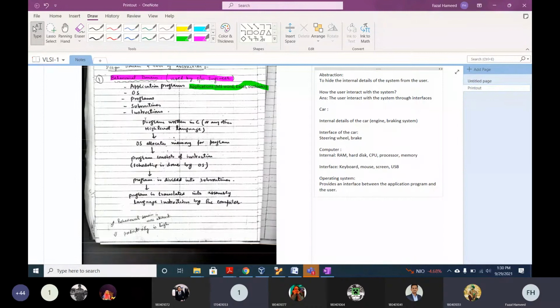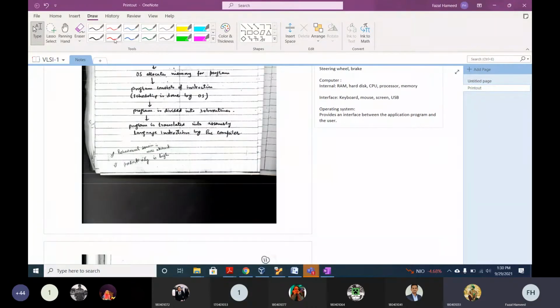Now, who translates the program? Let's assume you have a program, and I'm drawing a blank box. Let's assume this is a C program.